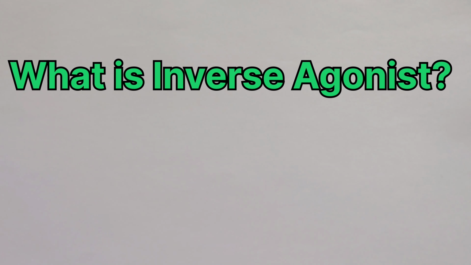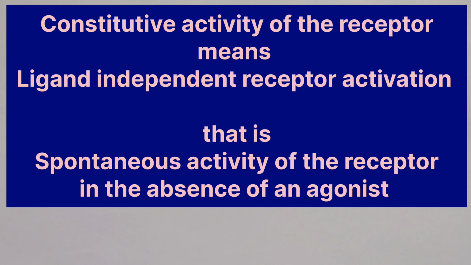Next, what is an inverse agonist? With respect to inverse agonist, there is a term known as constitutive activity of the receptor. It is defined as ligand-independent receptor activation. This means that a proportion of the receptor population undergoes spontaneous change in conformation in the absence of an agonist, and this leads to activation of G protein mediated signaling pathways and produces a biological response.